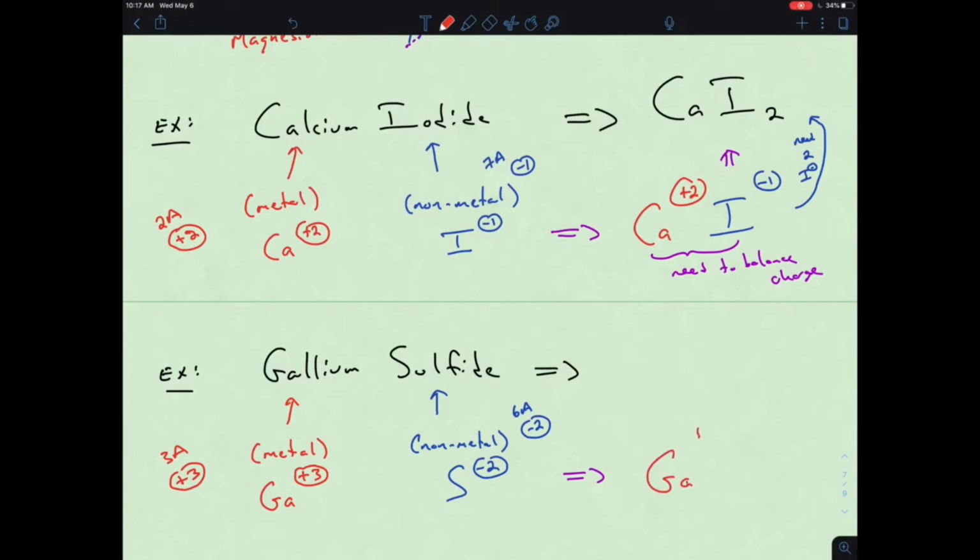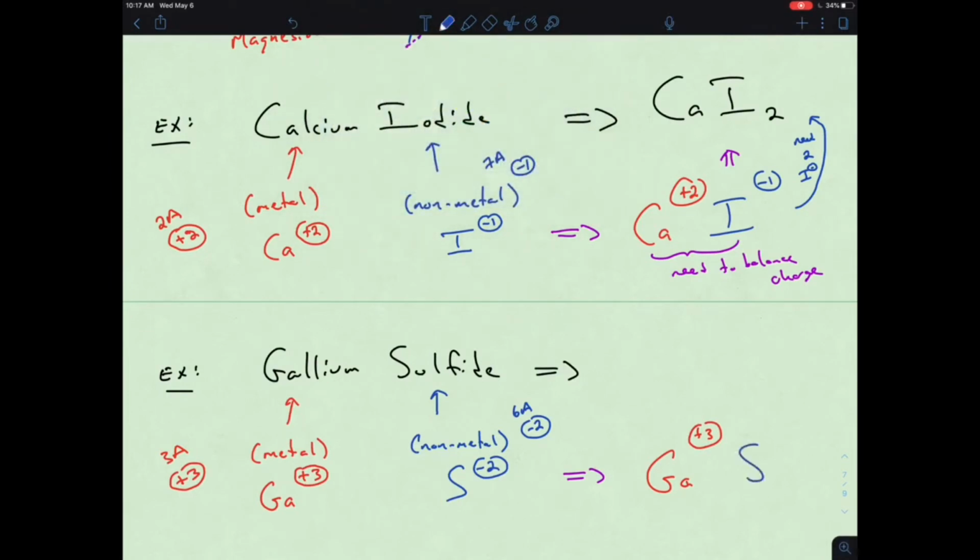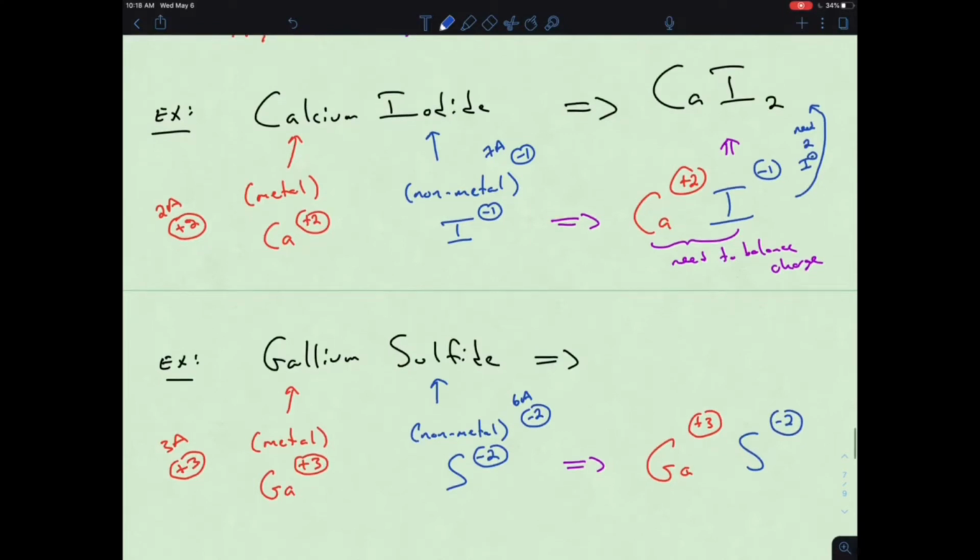We have our gallium, that +3 charge. We have our sulfide with that -2. And so now we need to balance our charge out, and that would lead us to now having gallium 2 sulfide 3 in terms of that balancing of charge.